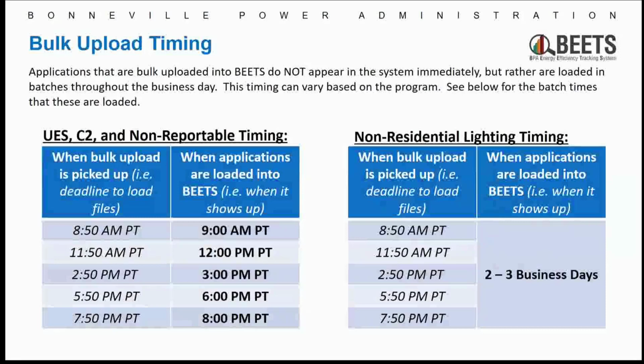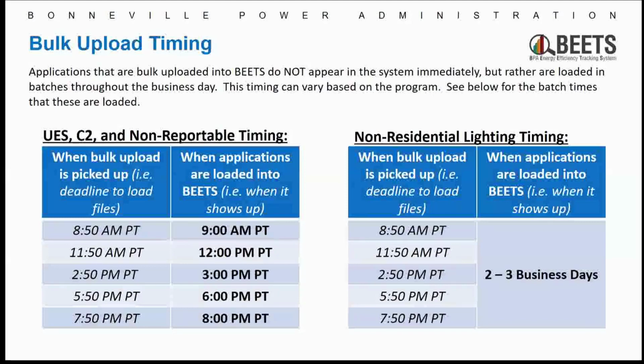So you can see these times here. If it was put in the system before 8:50 a.m., it's going to get pushed into BEETS and checked on all those things that Adam mentioned, all those system checks around 9 o'clock. And the same thing almost every 3 hours until later in the day.